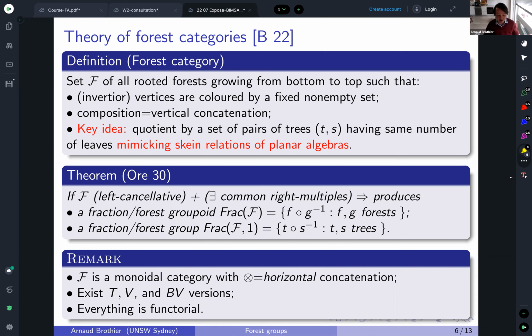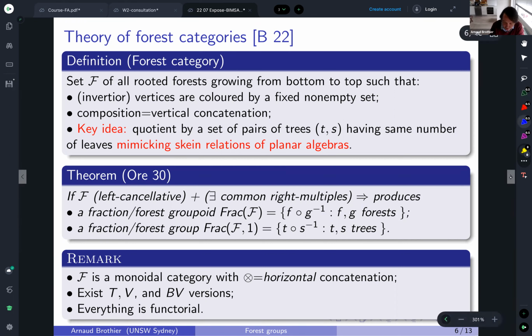So what is a forest category? And you should think that this definition is halfway between the world of Thompson's group and the world of Jones subfactors. Okay, tensor categories. That's really the idea.